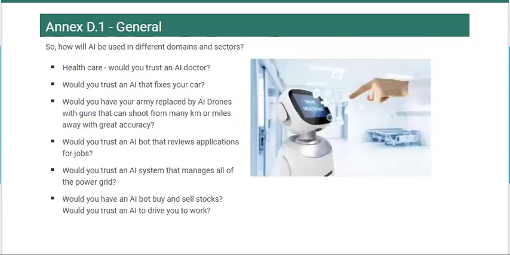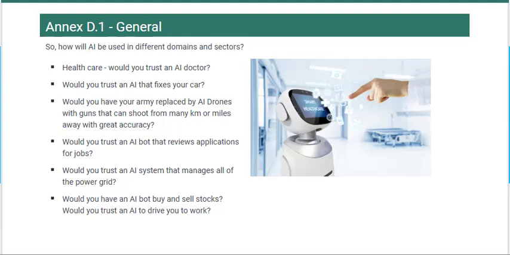Annex D.1 General. So, how will AI be used in different domains and sectors? Healthcare, would you trust an AI doctor? Would you trust an AI that fixes your car? Would you have your army replaced by AI drones with guns that can shoot from many km or miles away with great accuracy?